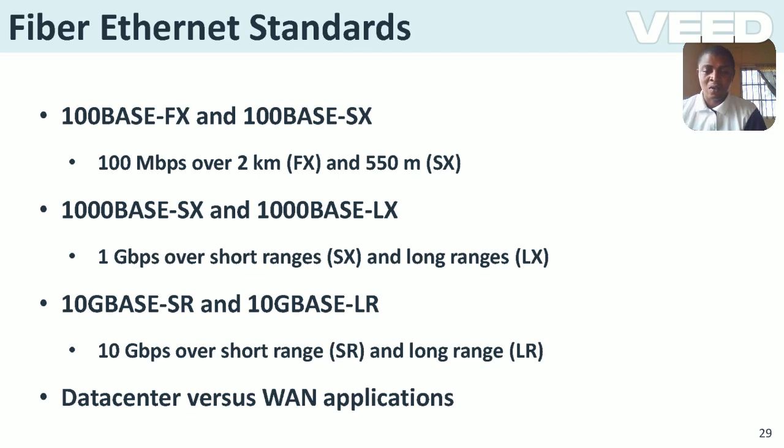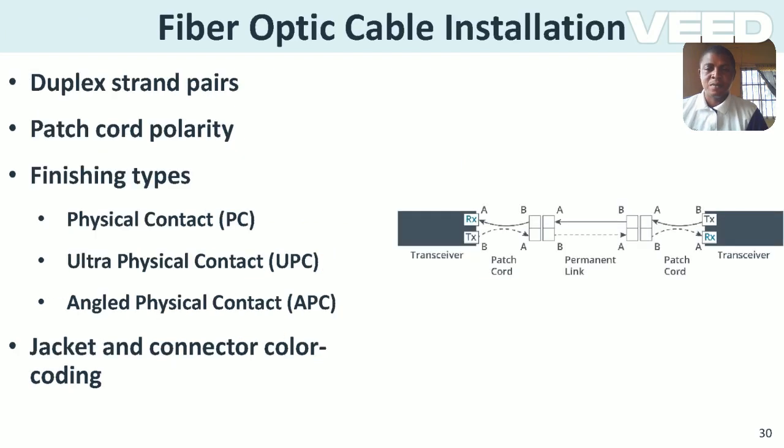We have another one classified at 10 gigabits, short range and long range, LR, and data center versus wide area network application. You can apply it in wide area networking, and you can use it in data centers.